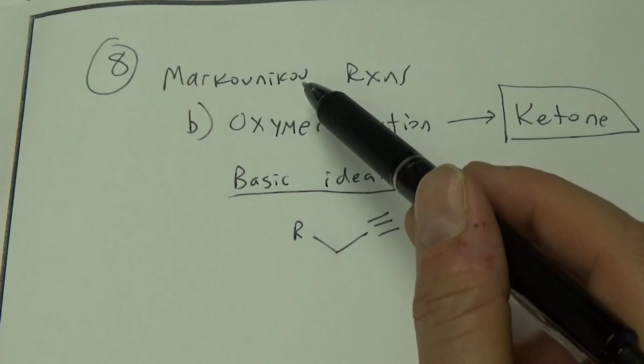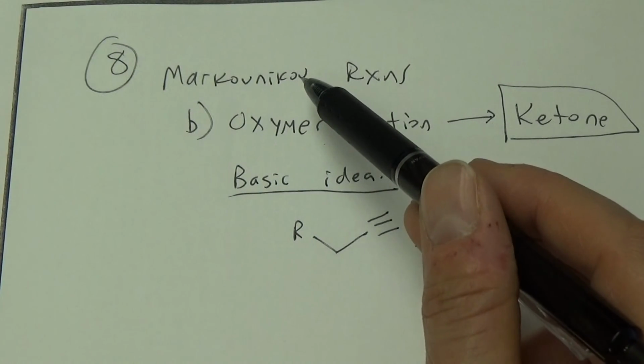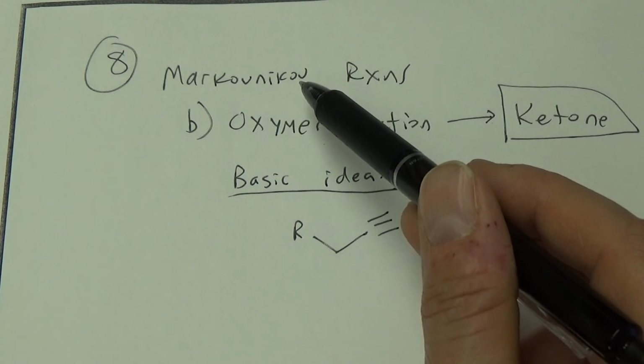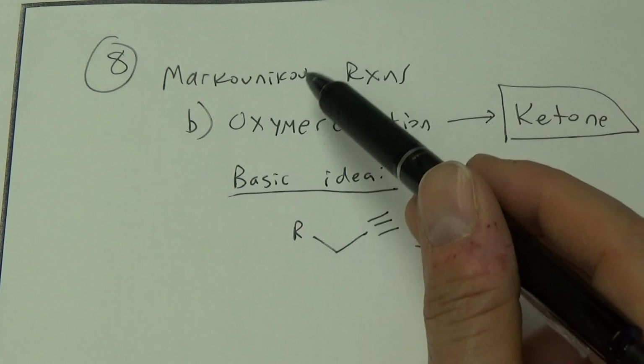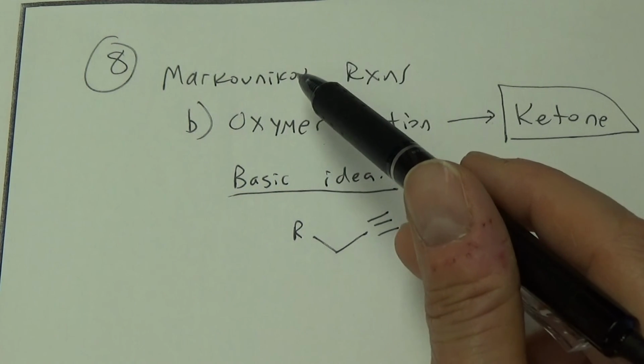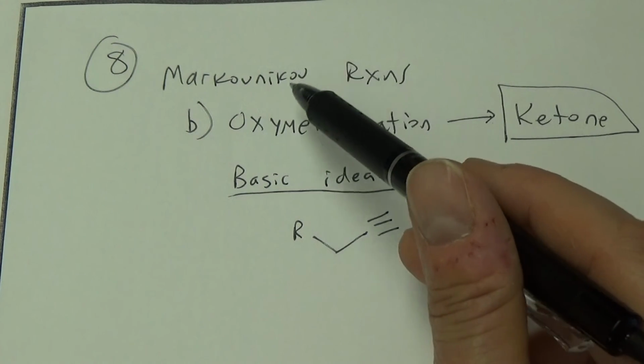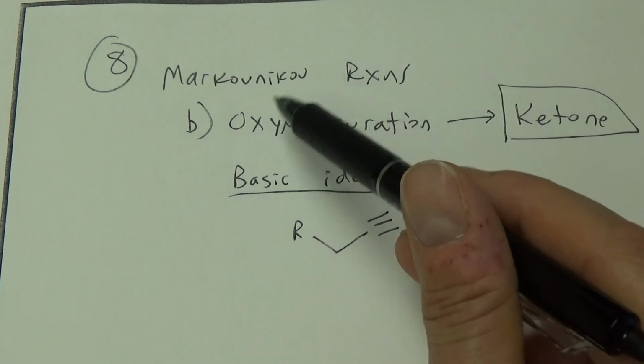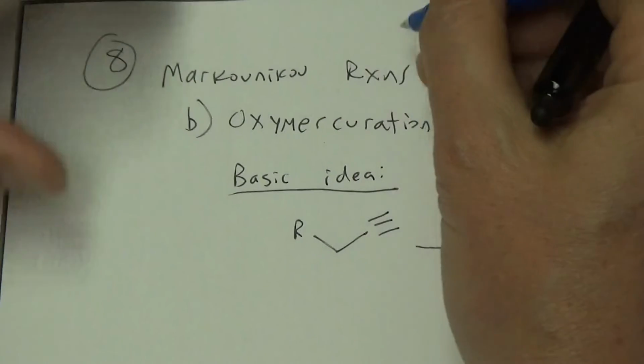We know what Markovnikov means, right? It means it's more substituted. And anti-Markovnikov is less substituted. What's the other word? When we say Markovnikov or anti-Markovnikov, what's the word that describes what that is? It's called regiochemistry.